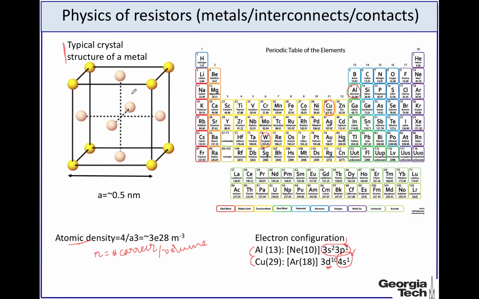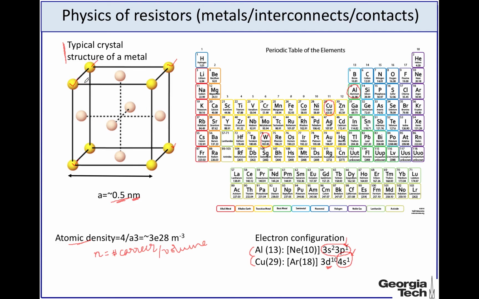Now what you can see in this structure is, first, a cube where each side is around 5 angstrom or 0.5 nanometers. In this unit cell, there are atoms at the 8 corners of this cube, and also atoms at each of the faces of this unit cell.